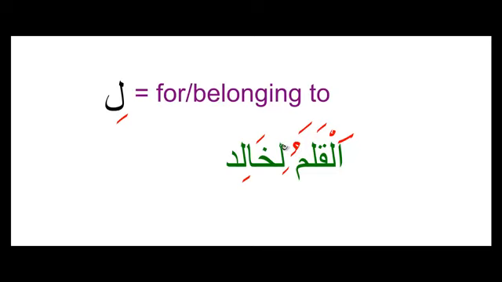But because this harful jar has come here, I have to add 2 kasras at the end of Khalid. So it becomes al-qalamu li Khalidin. The pen is for Khalid, or the pen belongs to Khalid. It's very similar to mudaf mudaf ilay, but there is a difference, as you can see.